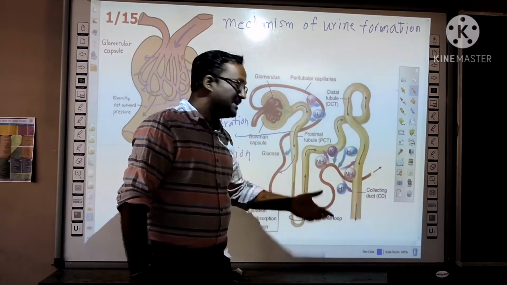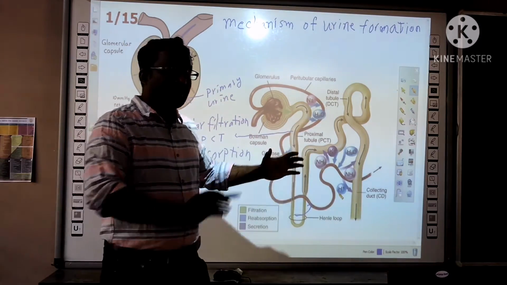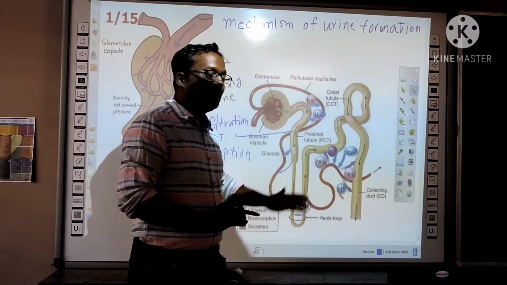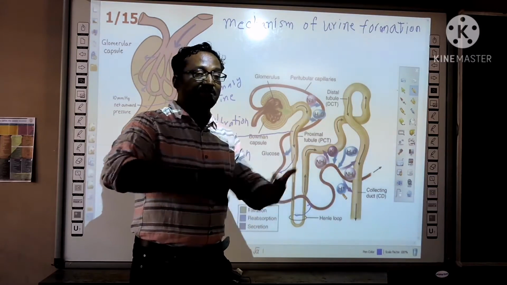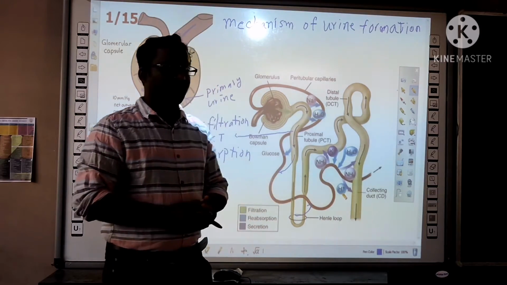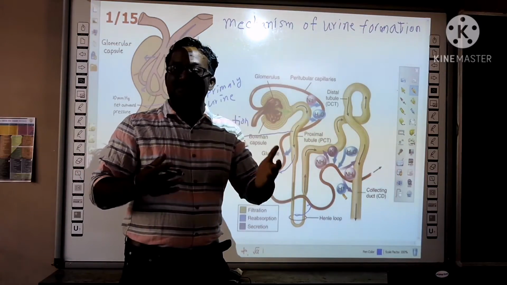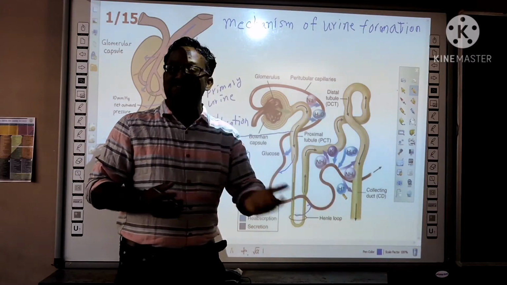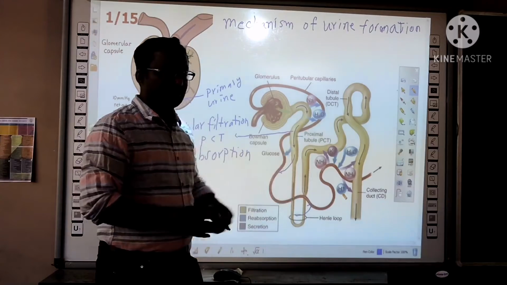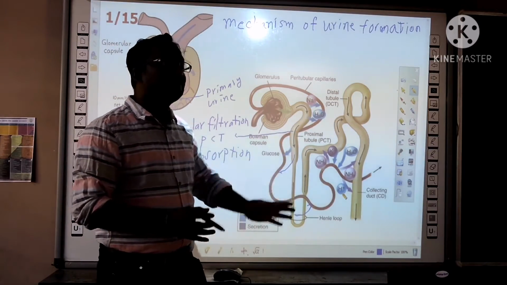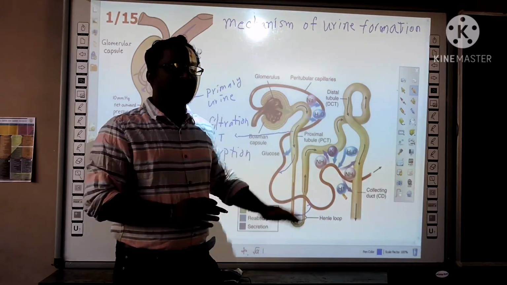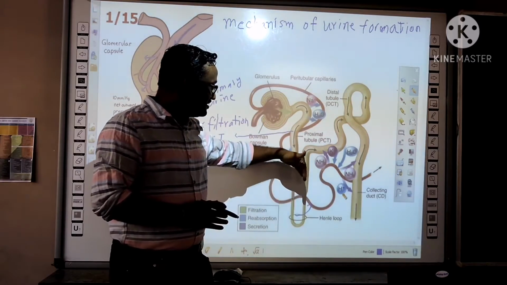So in every step, the concentration of urine is changing. Concentration means the chemical nature, whether it is acidic or basic. Chemical nature means pH. The pH of urine changes at every stage.